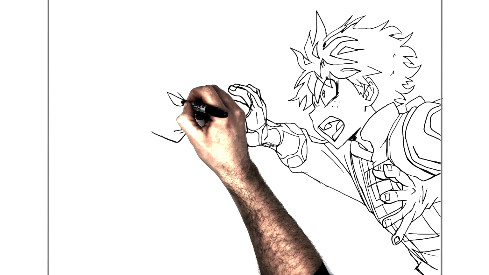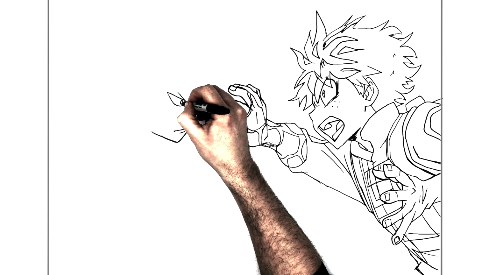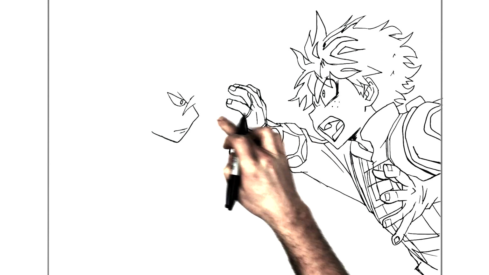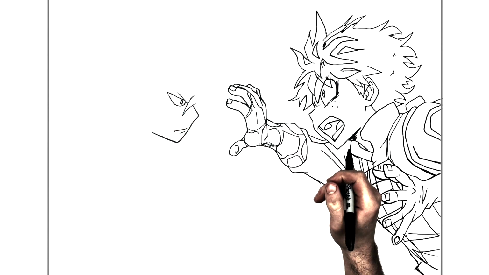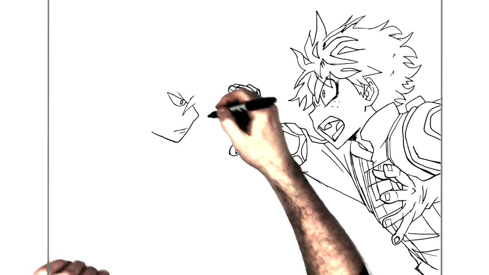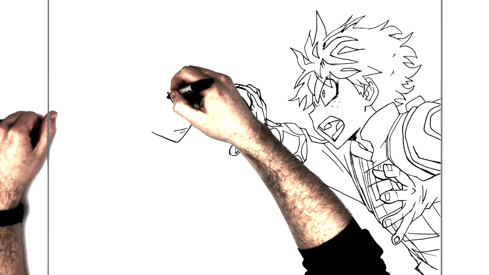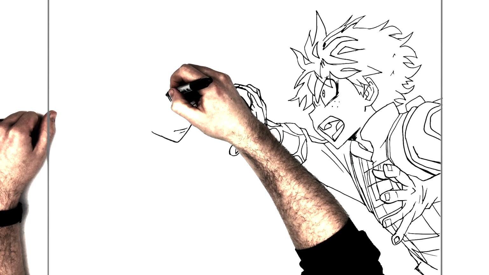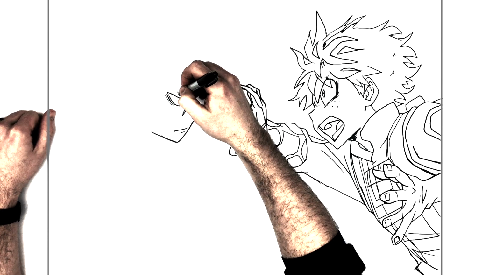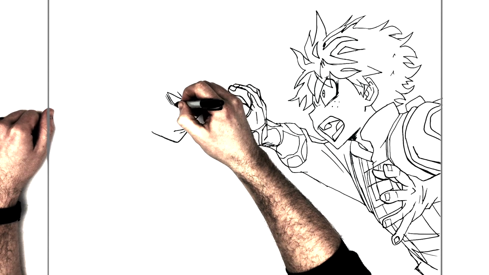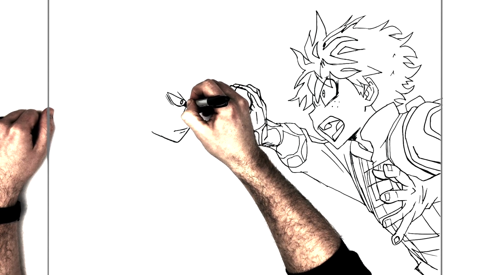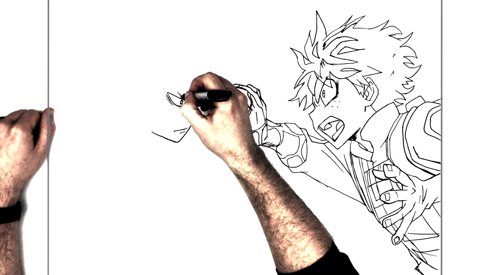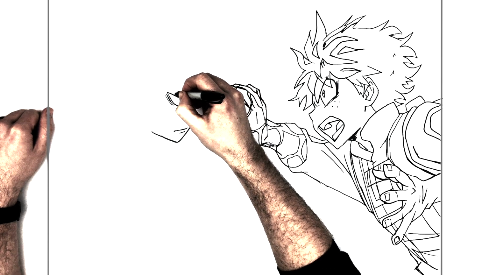And then his pupil, just in here, a slender circle, looking towards Midoriya's hand, trying to block it. And then he has some sort of stress lines or worry lines on his eye here, following the shape of the side of his eye. Maybe a line coming out here towards his nose as well, and maybe an eyelid line or two, just in here.